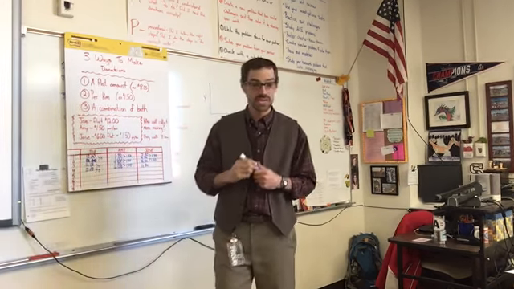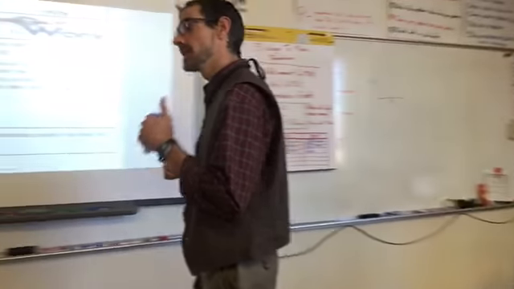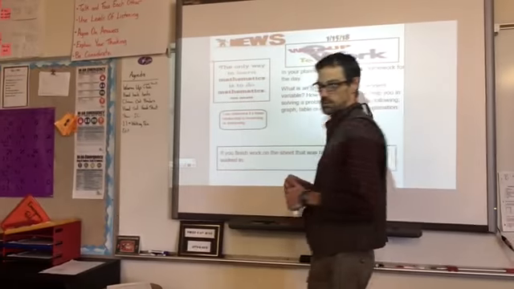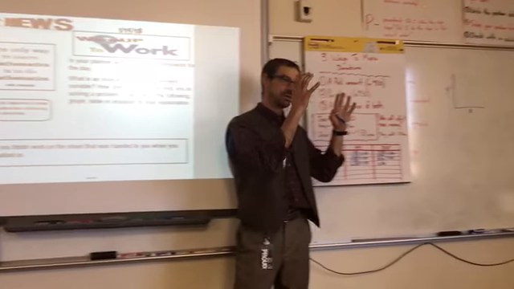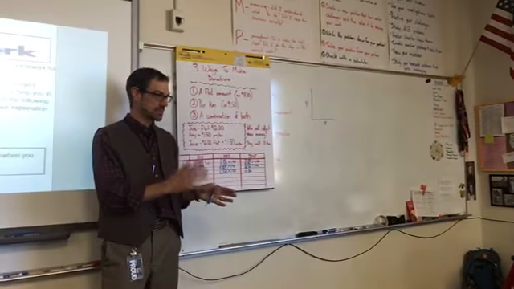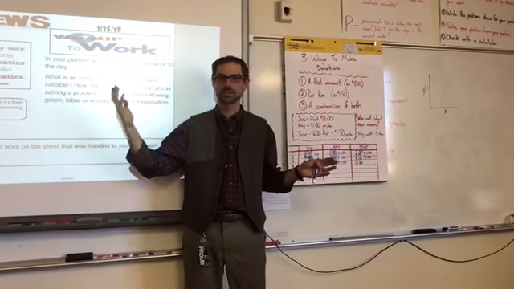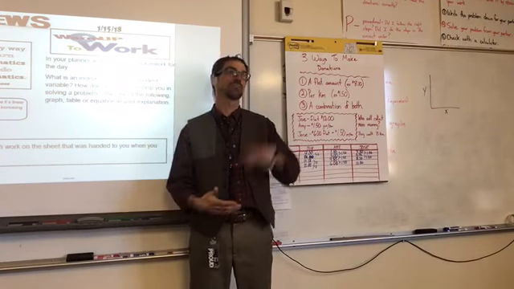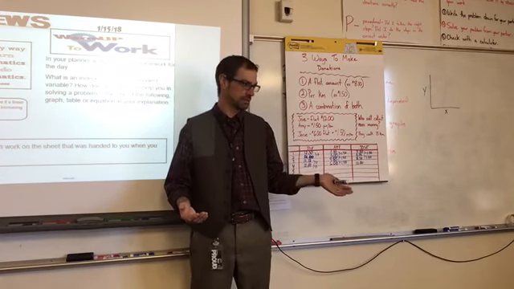So you want to make sure you get that down. The dependent variable depends upon the independent variable's value. That's the only way you find the dependent variable's value, is that you know the independent variable's value.